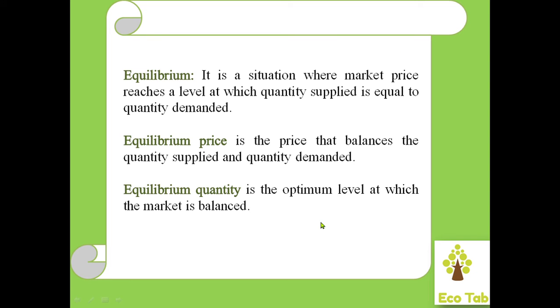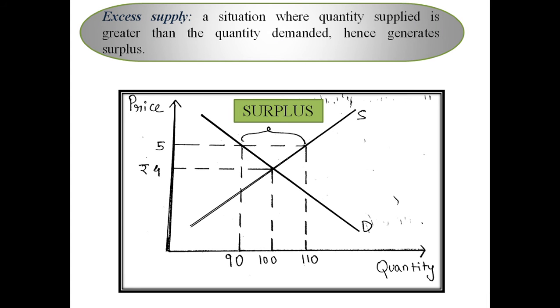This is the equilibrium price and equilibrium quantity. To see what happens if the market price is not at equilibrium, we have to look at this graph.